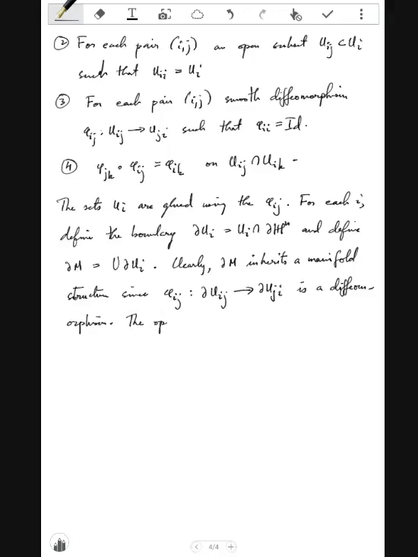The open set M minus boundary of M is a manifold in the usual sense.